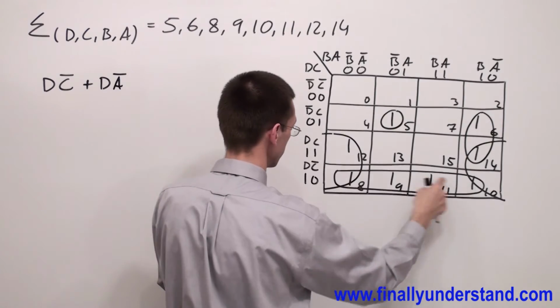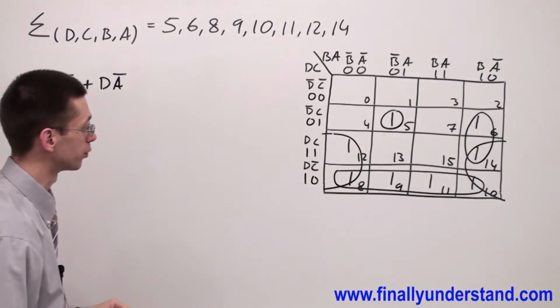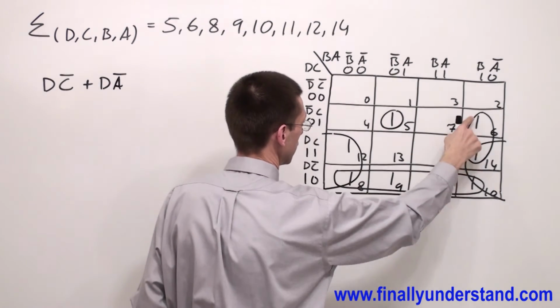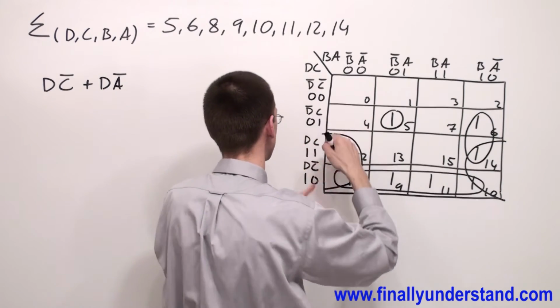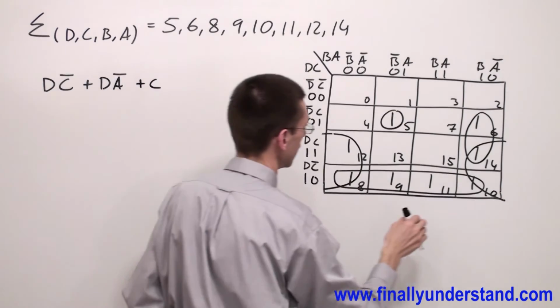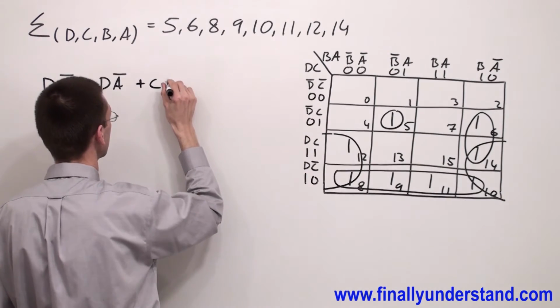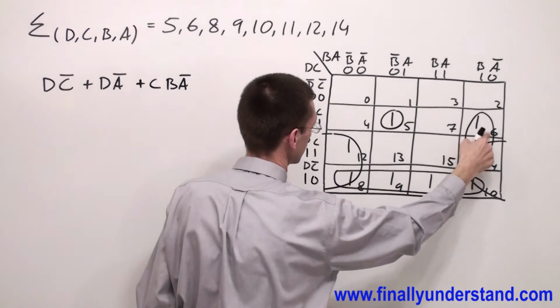So I'm finished with these two groups. Now let's talk about this one. This one is placed in 2 rows, and the common variable for these 2 rows is C. And at the top I have B A naught. Okay, I'm finished with this one.